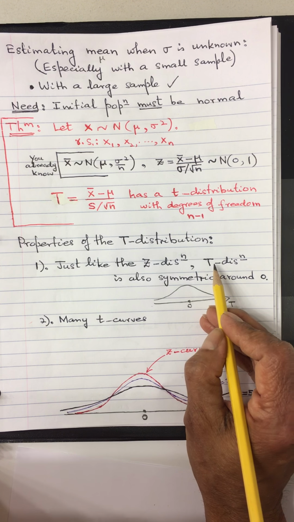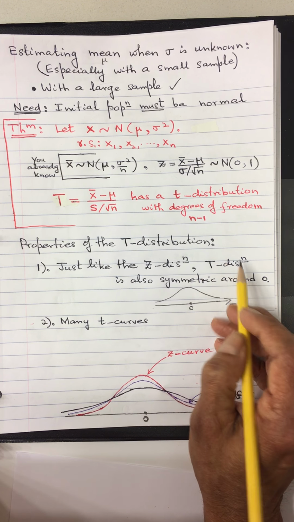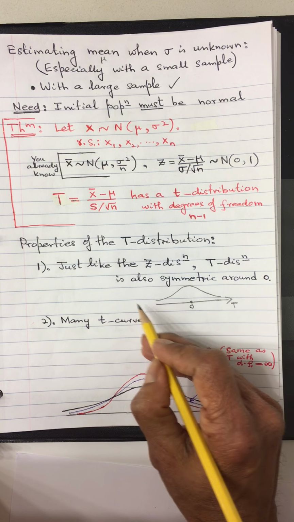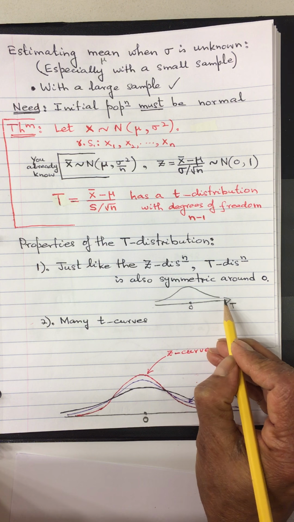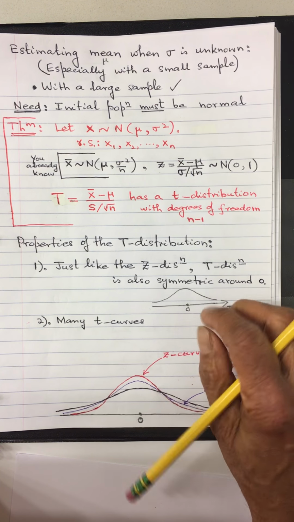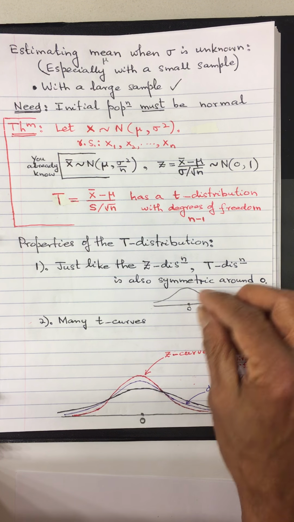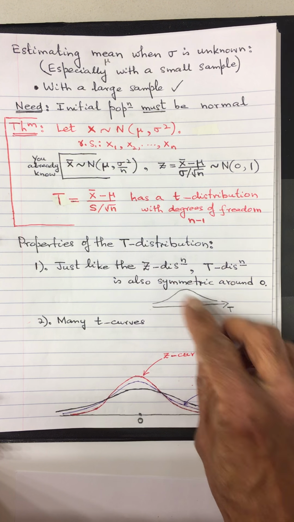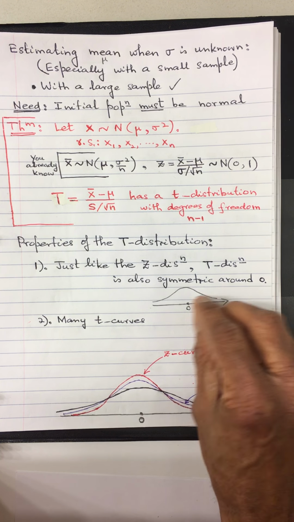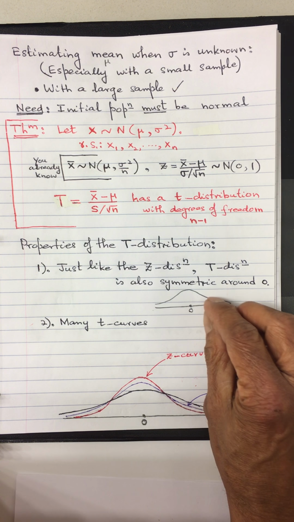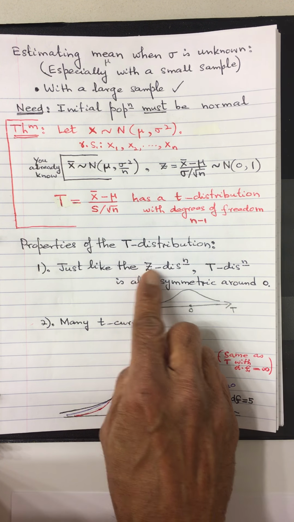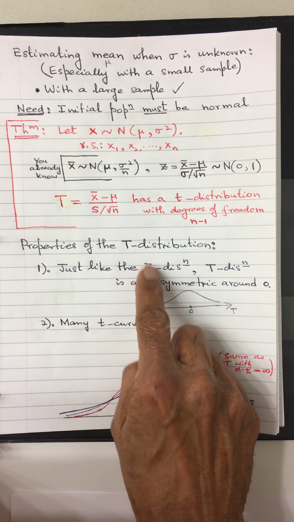But the t curve is not like that. Even though it's symmetric around 0, the tails, the upper tail and the lower tail, are going to be a little thicker than the z curve tails.